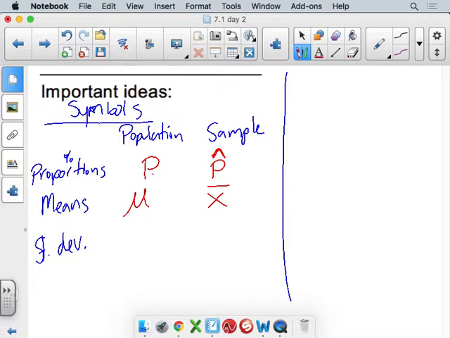And then the population standard deviation is that symbol we've used, like an O with a line. And then the sample standard deviation would just be an S. So we'll use those more, just if you come in contact with them. I don't want you to be afraid.